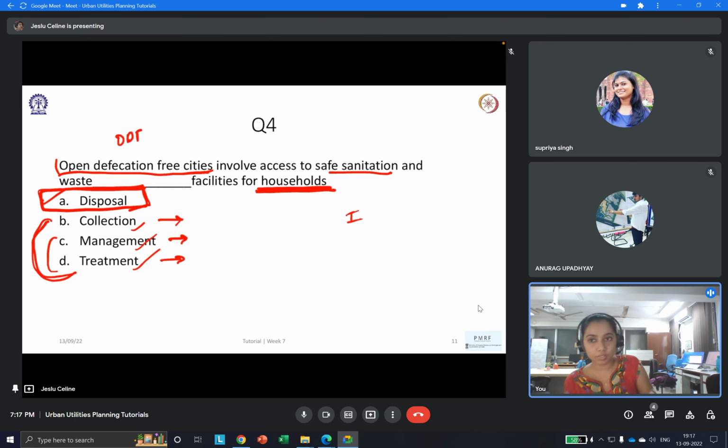We already learned that there are ODF, ODF plus, and ODF plus plus cities. Treatment and management mainly come in the ODF plus cities. After we have sorted disposal, we go on to higher level things: how we manage it, how we treat it, how we reuse it, and what the next process is.